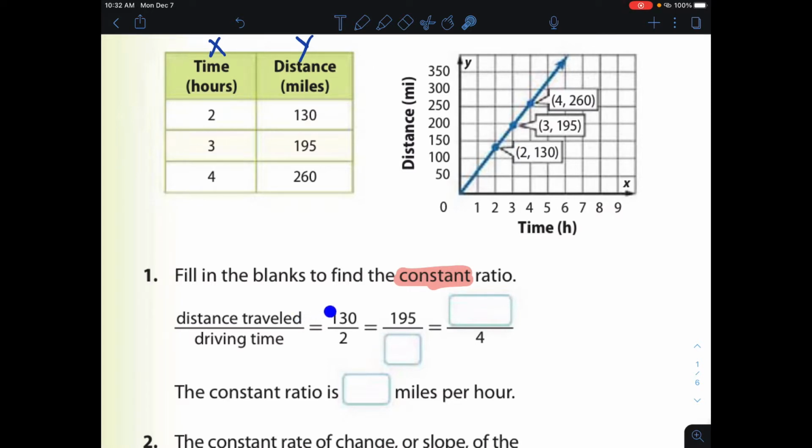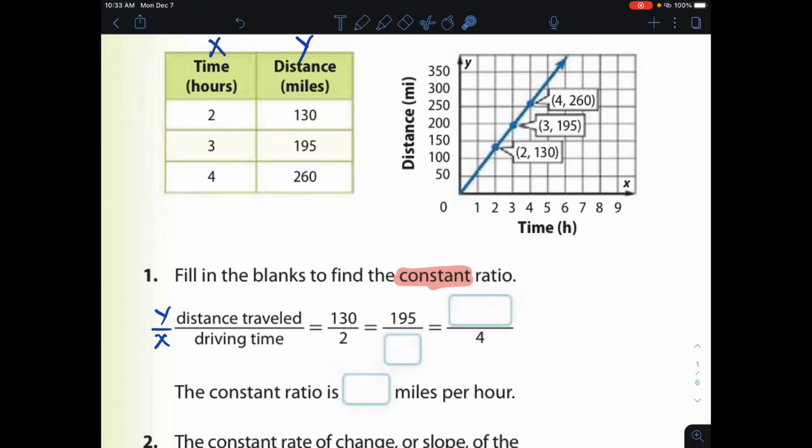Distance traveled, 130 over 2. Now if you notice, distance traveled is y, and driving time is x. So you actually have y over x right here. Remember the change in y and change in x, this is basically almost the same. So you have 130 over 2.